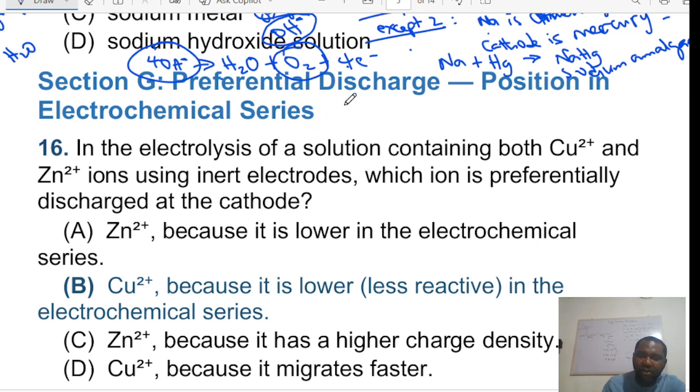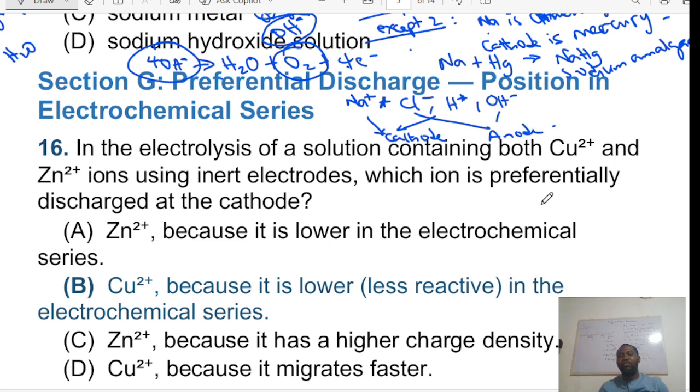If I take a solution of sodium chloride, for example, I'm going to have sodium ion and chloride ion, but because it is dissolved in water, I'm also going to have hydrogen ion and OH ion, which make up water. The sodium ion and the hydrogen ion both compete for the cathode, while the chloride ion and the OH ion both compete for the anode.